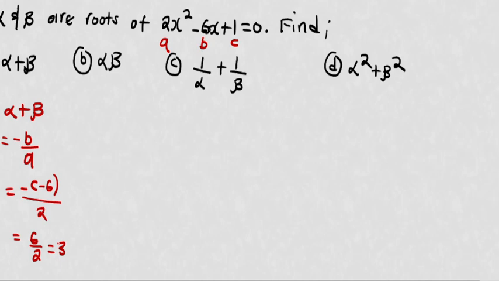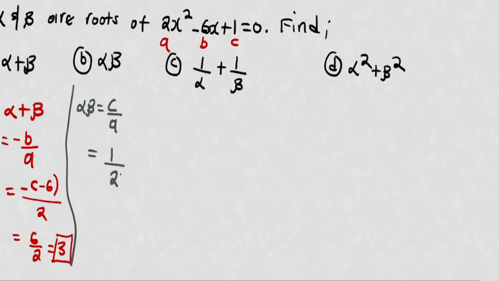So the value of alpha plus beta, we get 3. Then how do we find alpha multiplied by beta? To get alpha multiplied by beta, we use this formula, which is c over a, where our c we know is 1, and our a is 2.